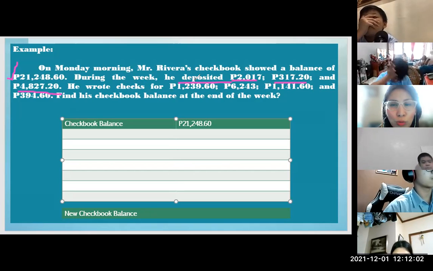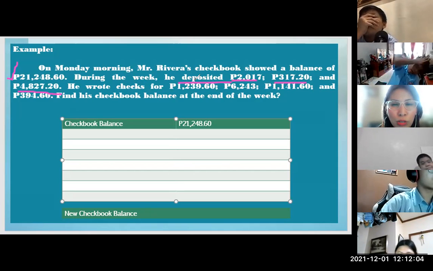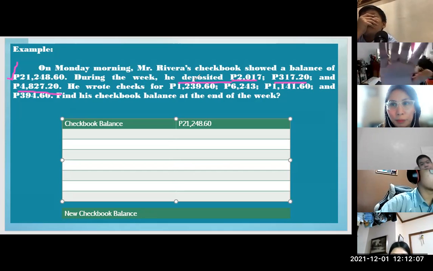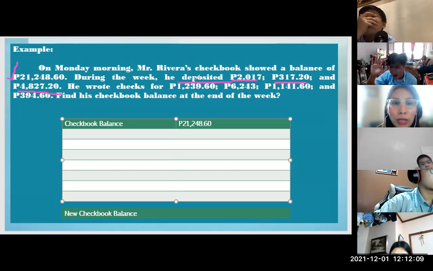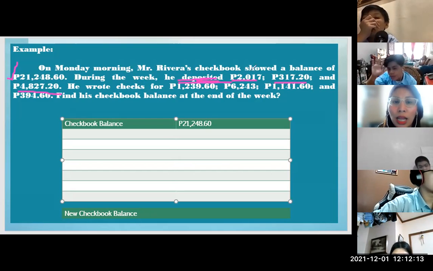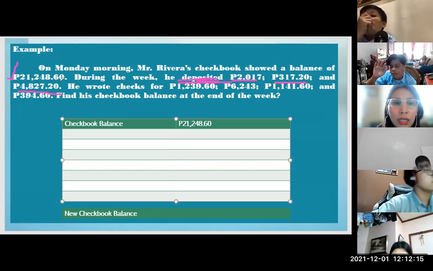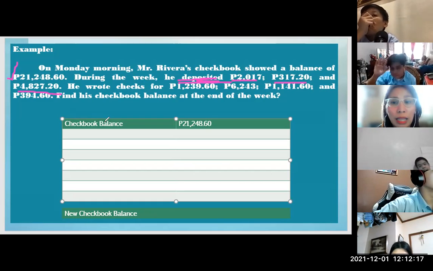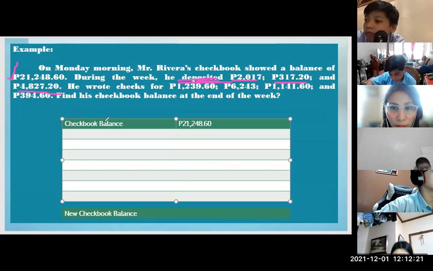Try, you choose one. What do you think is correct between the two? When we say deposited, and these are the amounts, is this an addition to our money or a deduction?